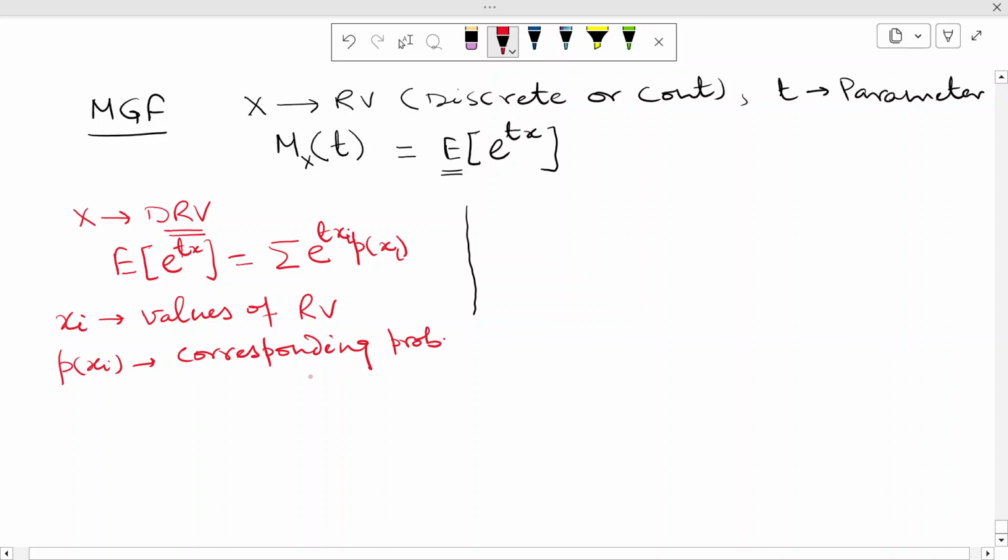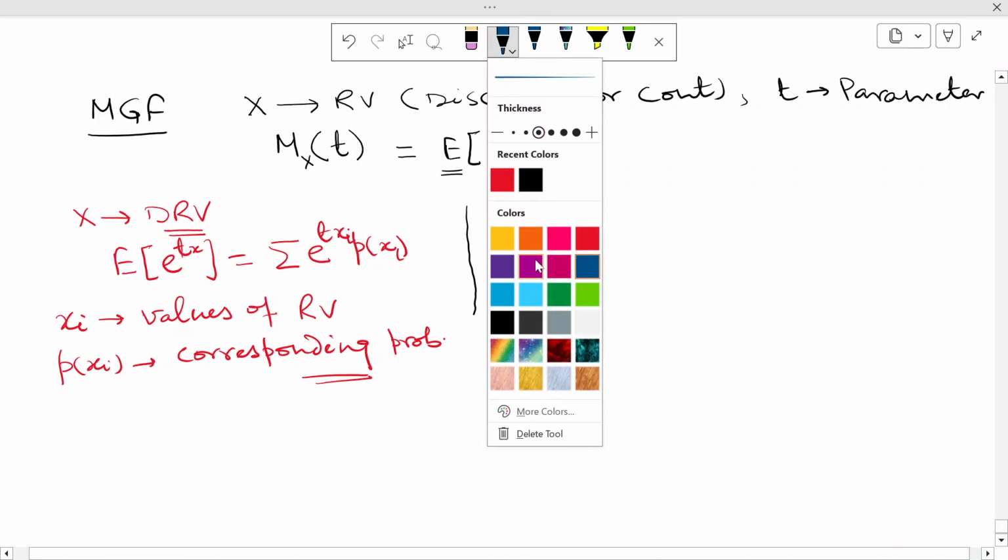This is how we obtain the moment generating function for a discrete random variable.